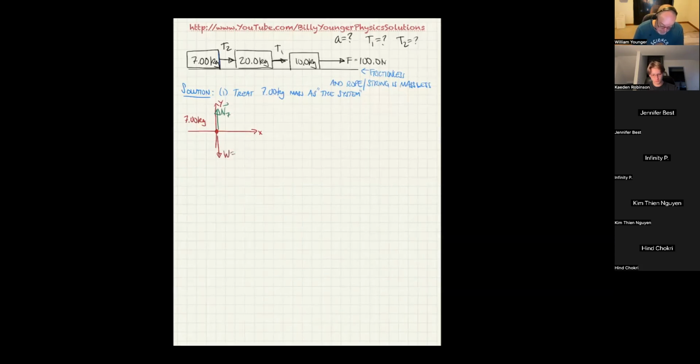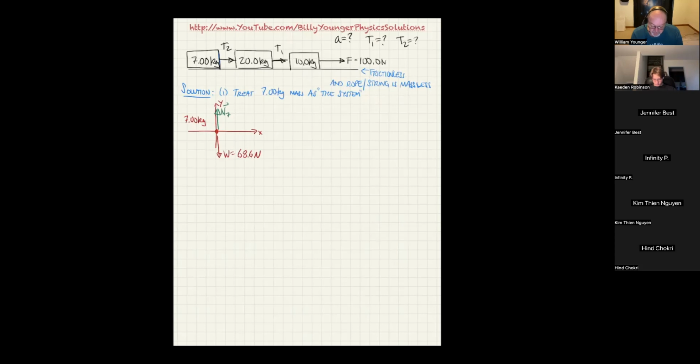So 7 times 9.8 is equal to 68.6. So this is a 68.6 newton weight there. And then basically my test, remember, to make sure I've done everything is I look at all the objects touching the system. So in this case, I had a floor touching the system.